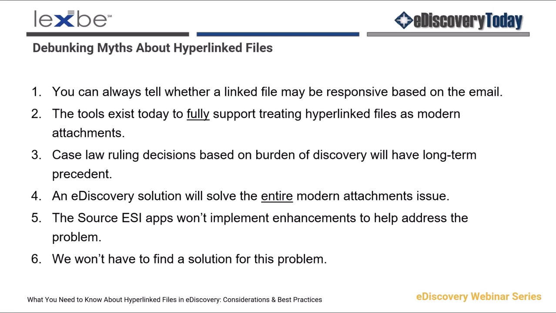In fact, it's my understanding from folks that the FTC has added this sentence to their production requests: "Hyperlinked attachments/documents should be treated as normal attachments and therefore produced with family identifying metadata accordingly." You're not going to get very far making a burden argument with the FTC. The need is going to be there to address the problem. This isn't an issue where you can stick your head in the sand and hope that it goes away.